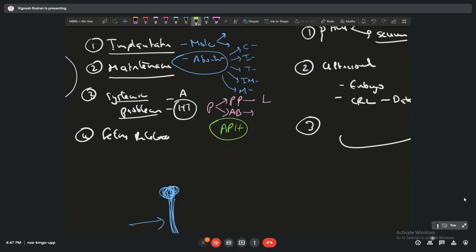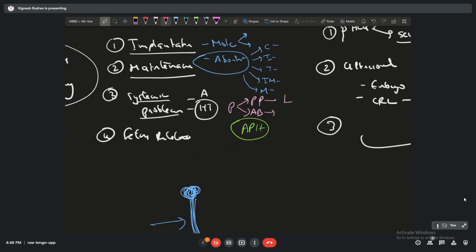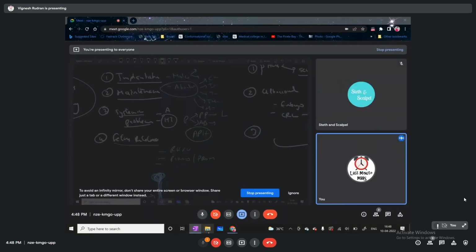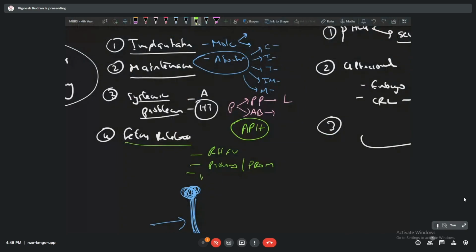Other than that, management is that you stop the bleeding. In abruptio placenta, you do emergency delivery or C-section, and that is all about your antepartum hemorrhage. And then your other conditions related to the fetus, like Rh positive, prolonged or premature rupture of membrane, and multiple pregnancy.